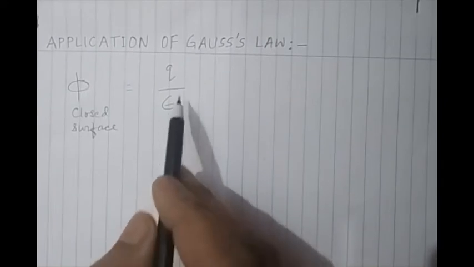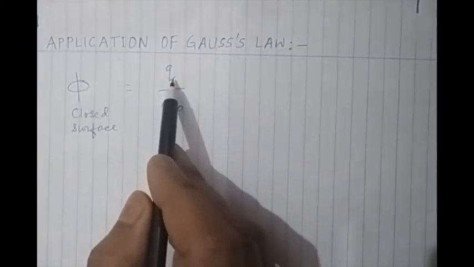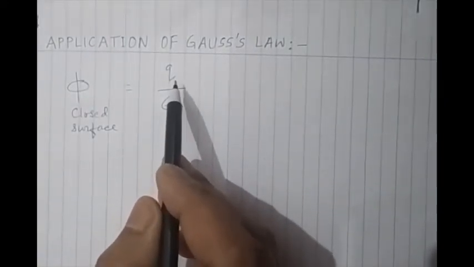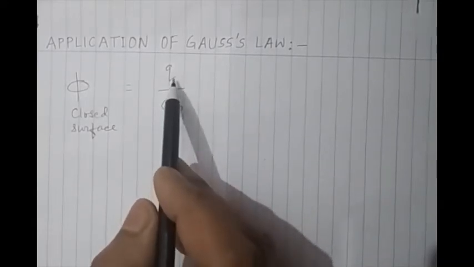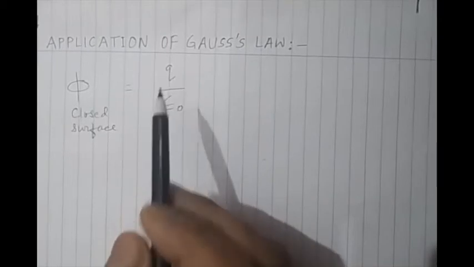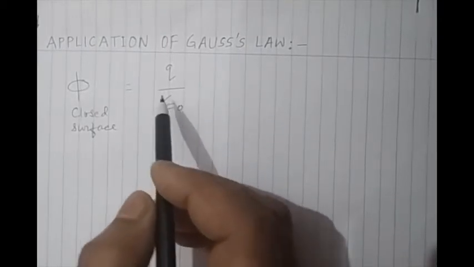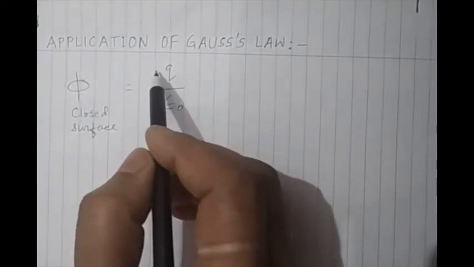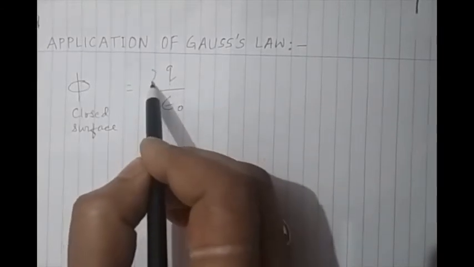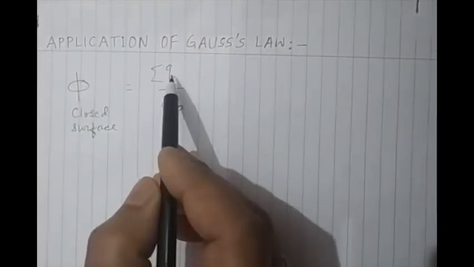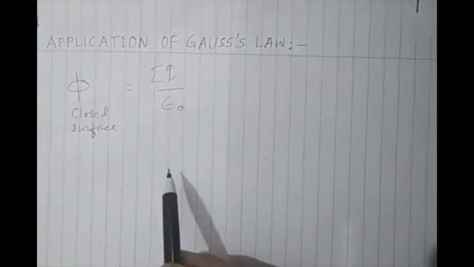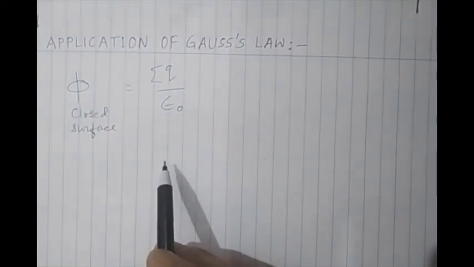Here Q is the charge enclosed inside the surface. This is the total charge enclosed inside the surface, so we can write a summation sign here. This is the total charge inside a closed surface.